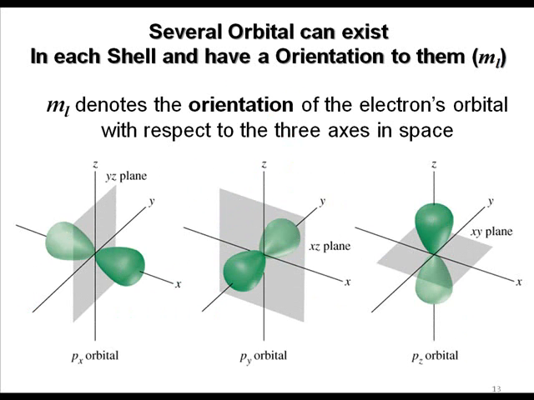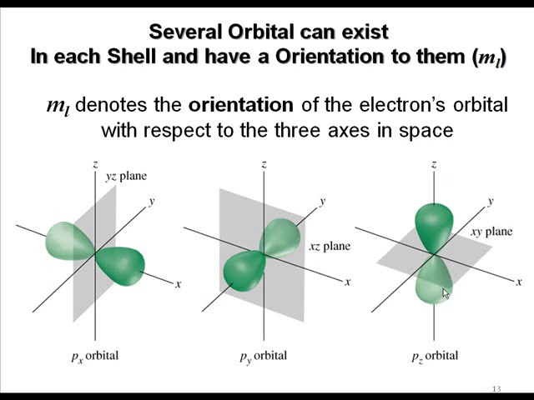So let's explore the idea that each orbital has different orientations. If you take the p orbital, there's px, py, and pz orbitals.